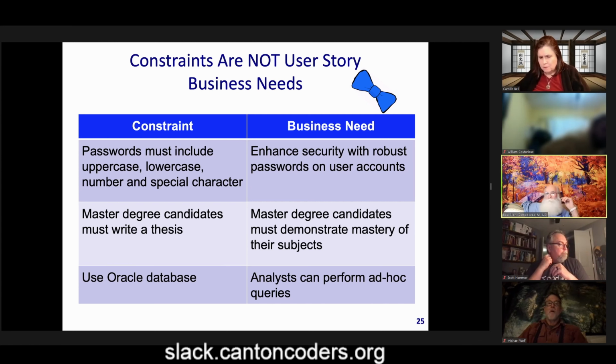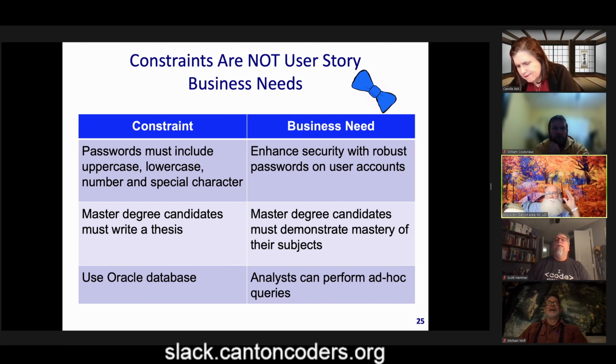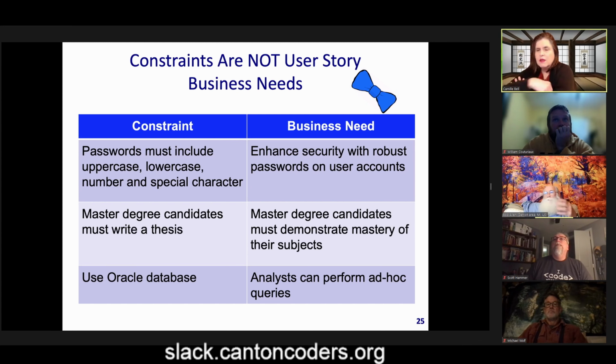Narrow-mindedness, effectively, to put a not nice description of it. And the business needs are more open-ended, allowing for more flexibility. But often business folks, and particularly if they've got a technical background, don't differentiate between the two. And it's worth bringing that up.